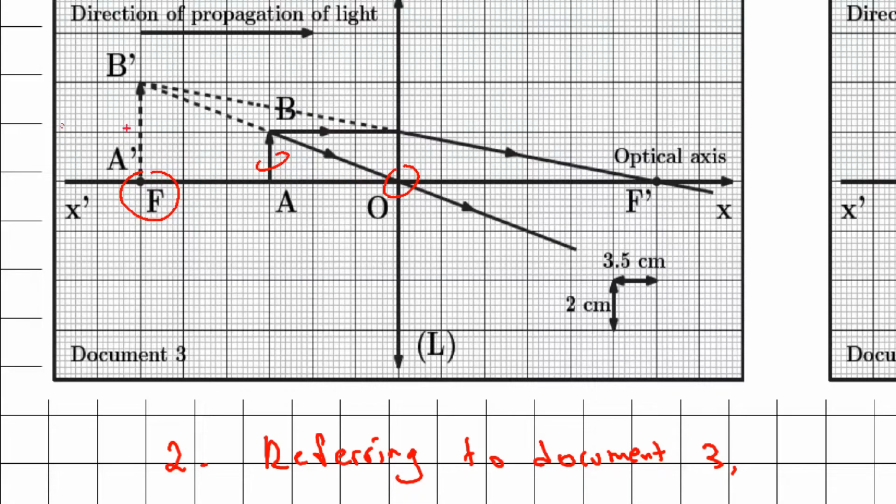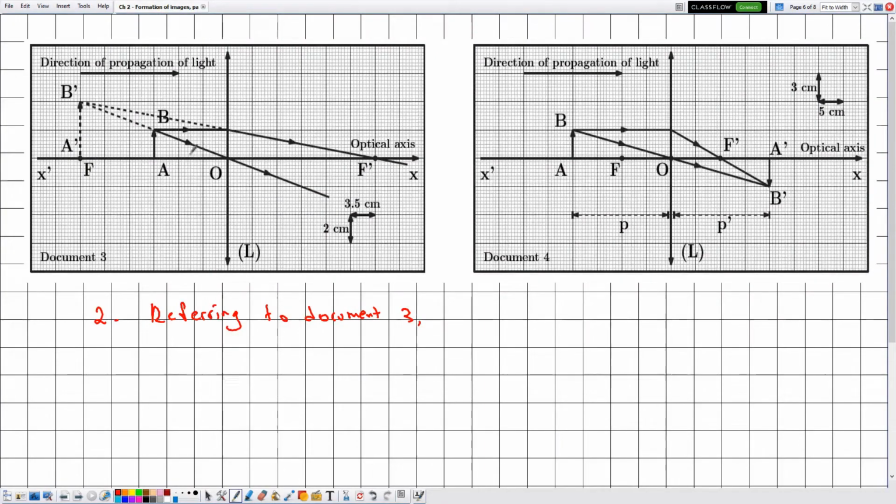And in this case, the nature of the image is virtual because the object AB is pointing upward and the image A prime B prime is pointing upward. So the image is erect with respect to the object, which means it is virtual. And this is because now the object AB is placed between the object focus and the optical center.